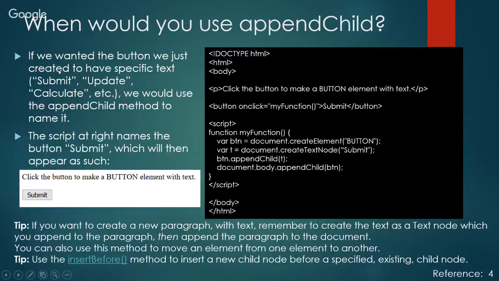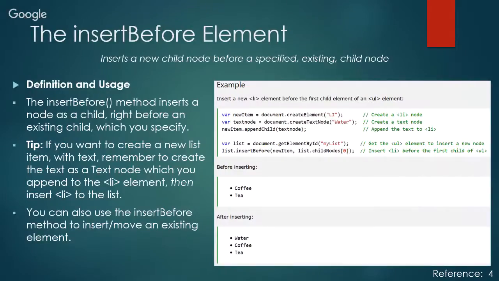You'll use the insertBefore method if you want to insert a new child node before a specified existing child node. So when are we going to use this? If we had a list. We've talked about having drop downs of a starting and end point for what scriptures you were reading. So if we wanted a drop down of all the different books within the Book of Mormon, then we're going to have a list.